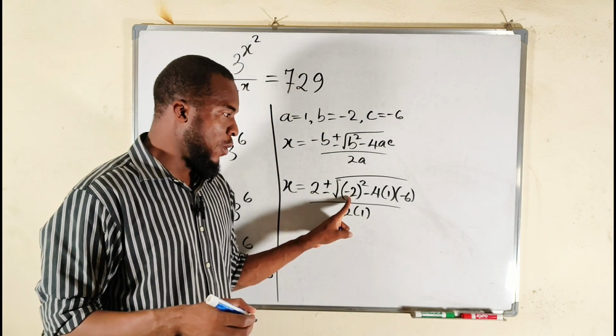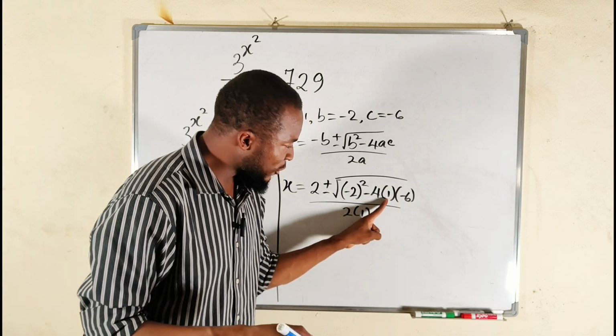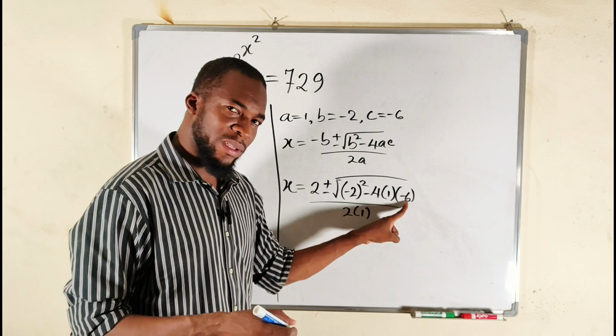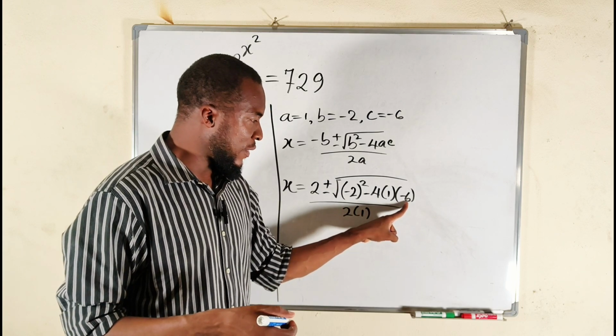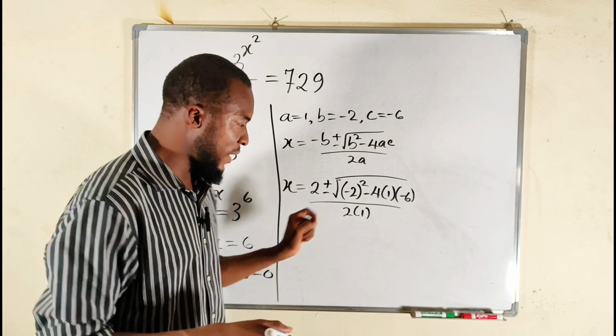Negative 2 squared is 4. And we have negative 4 times 1, which is negative 4. Negative 4 times negative 6 is positive 24. And that positive 24 plus this 4 will give us positive 28.